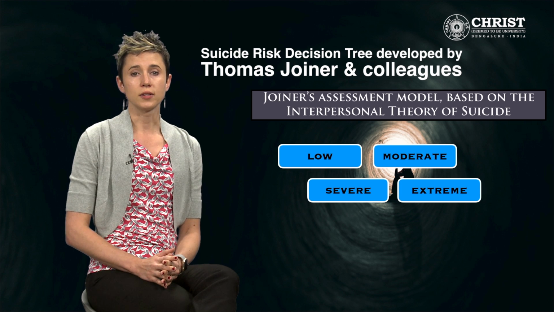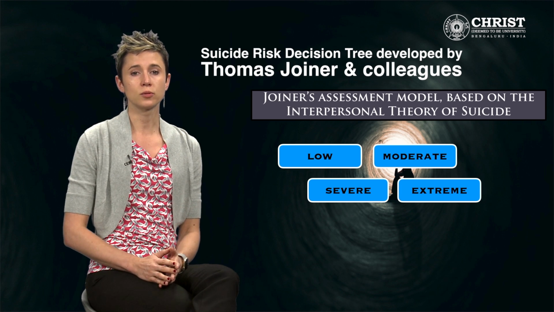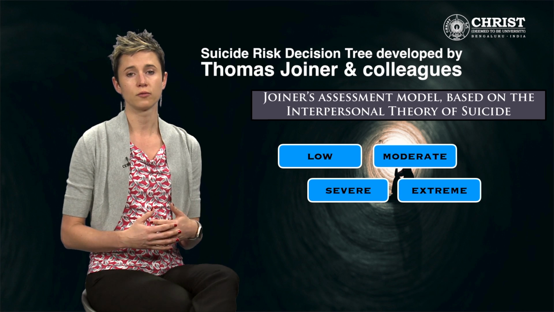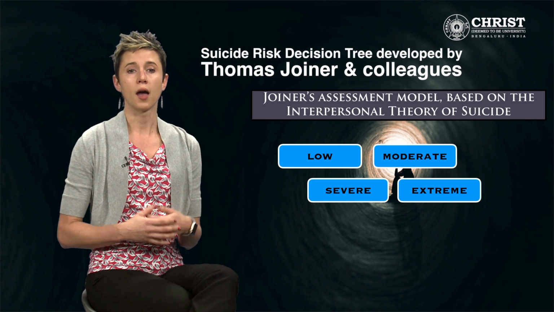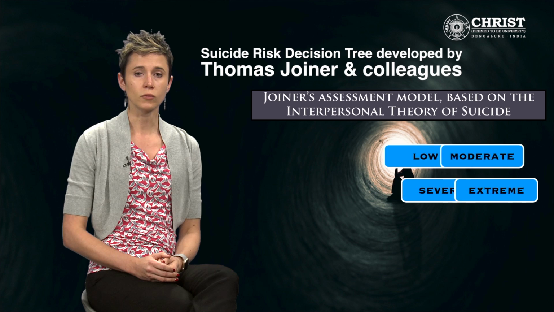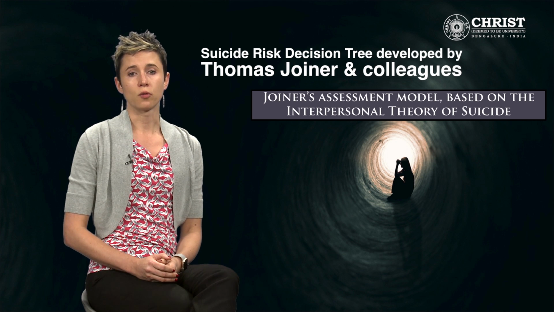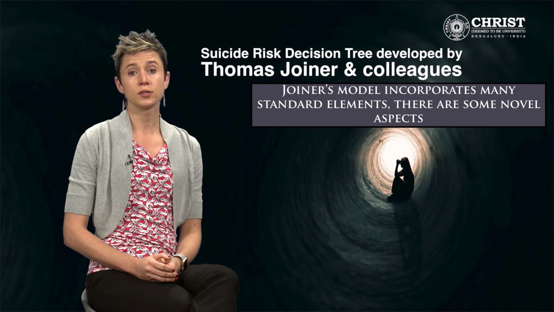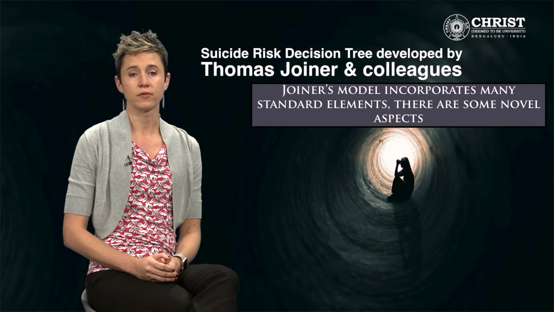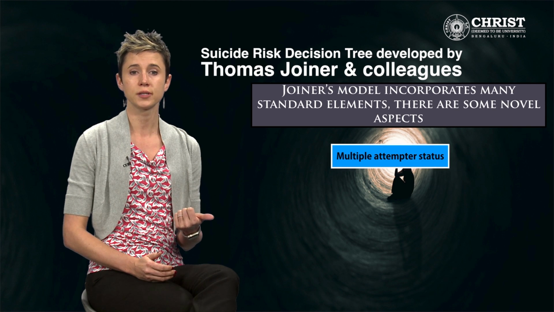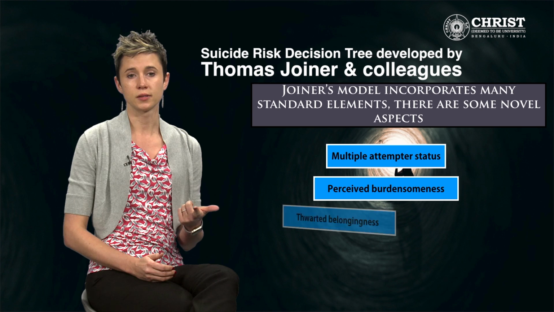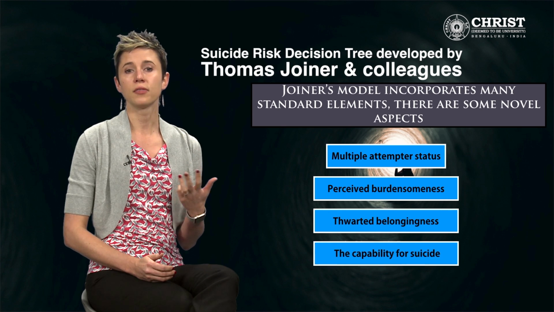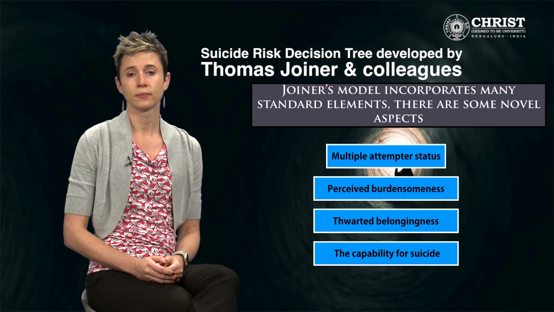It should be noted that these categories are flexible and individuals can fall in between categories, for example, low moderate or moderate severe. Although Joiner's model incorporates many standard elements, there are some novel aspects, including the emphasis placed on multiple attempter status, perceived burdensomeness, thwarted belongingness, and the capability for suicide.